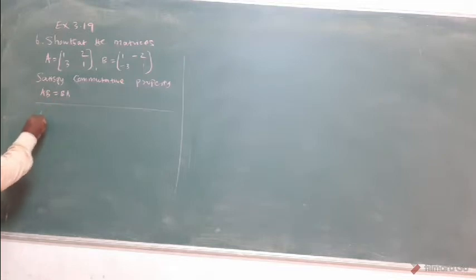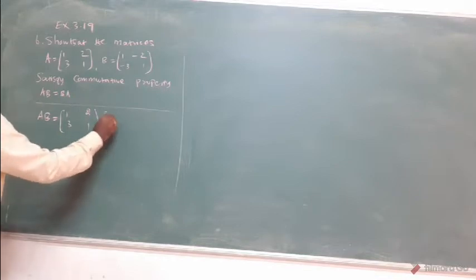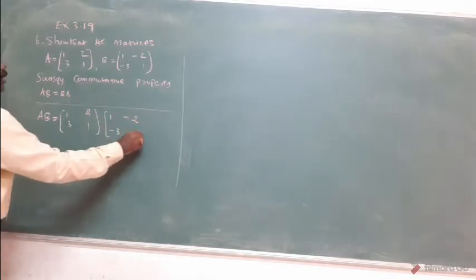Now start with A. A is [1 2; 3 1]. B is [1 -2; -3 1]. Now this is matrix multiplication. First row into first column: 1 ones are 1, 2 into minus 3 is minus 6.